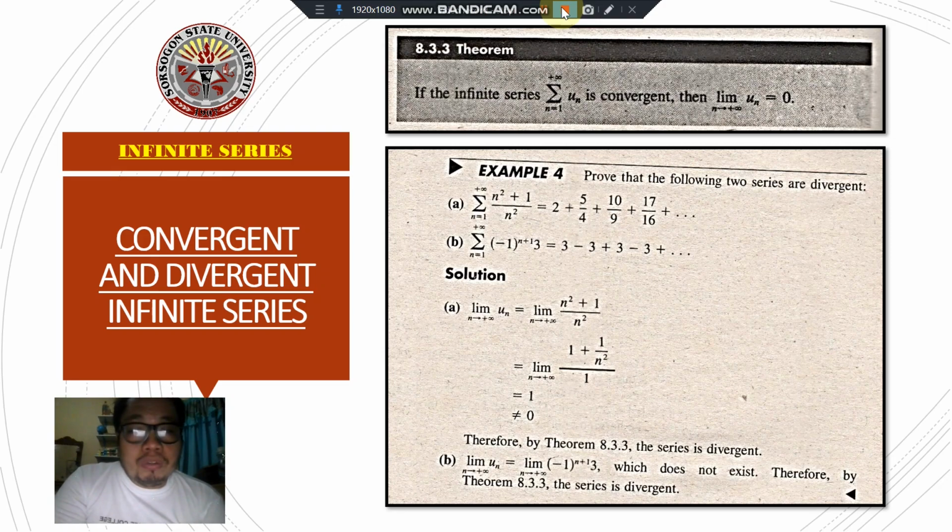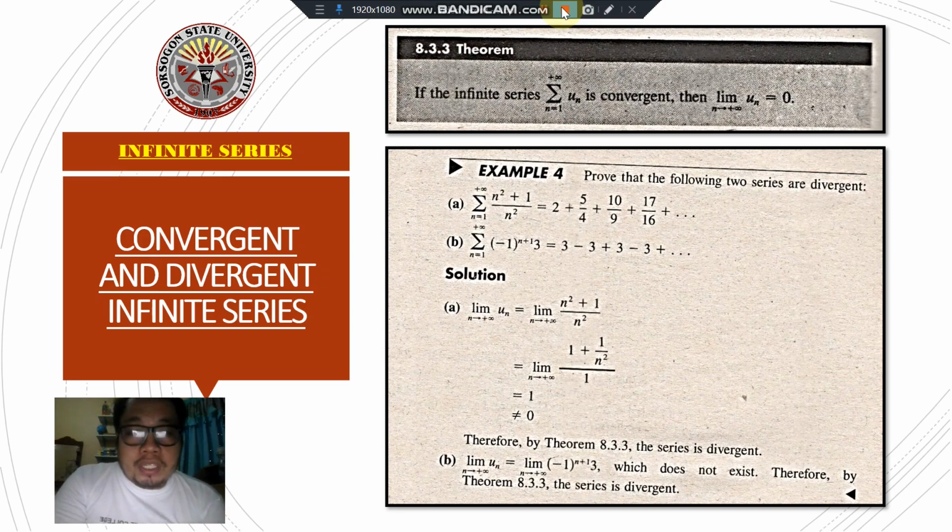That is equal to 2 plus 5 over 4 plus 10 over 9 plus 17 over 16 plus up to infinity. Then for letter B, we have the summation of negative 1 raised to n plus 1 times 3, where n equals 1 to positive infinity, and that is equal to 3 minus 3 plus 3 minus 3 plus up to infinity.